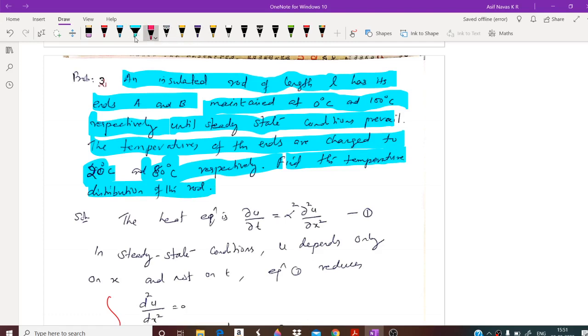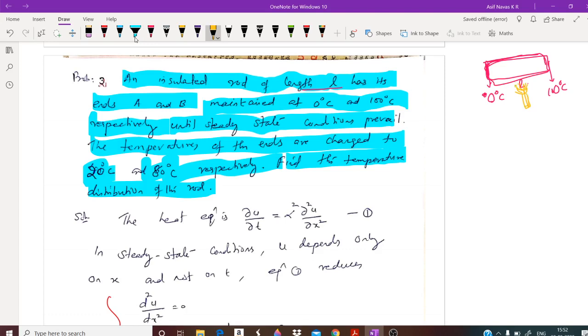So here it is given that we have a rod of length L, and at the starting point of time, both endpoints are at 0 degrees Celsius and 100 degrees Celsius, and we are providing heat.